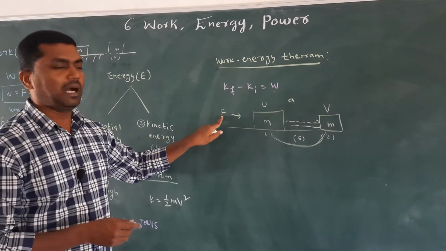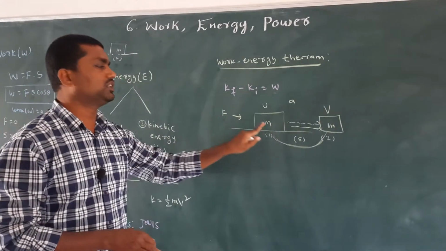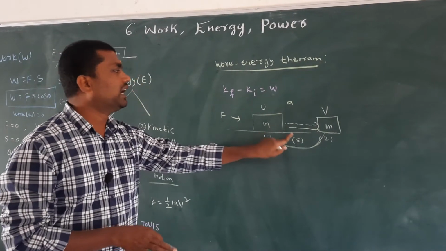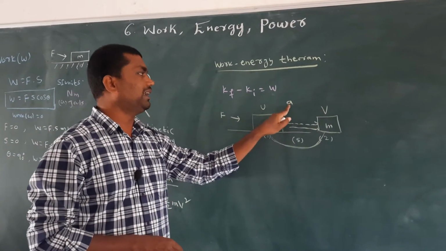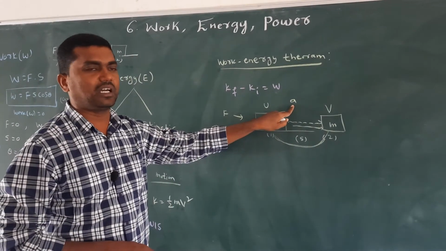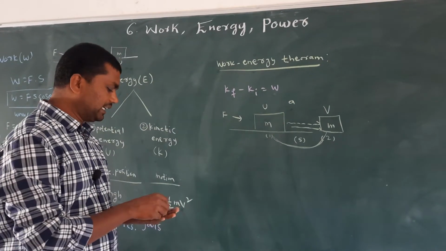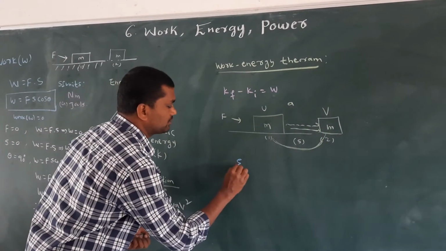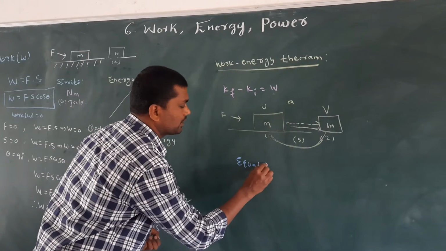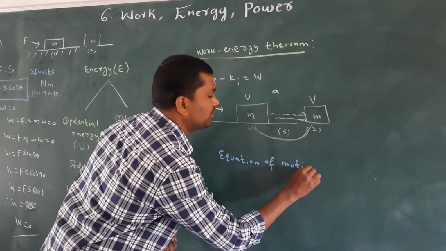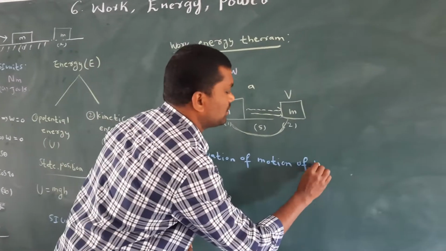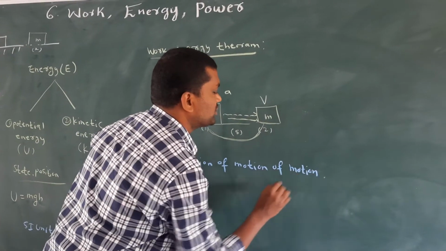So F is the applied force, s is the displacement, u is the initial velocity, v is the final velocity, and a is the uniform acceleration. So we can take the equations of motion.